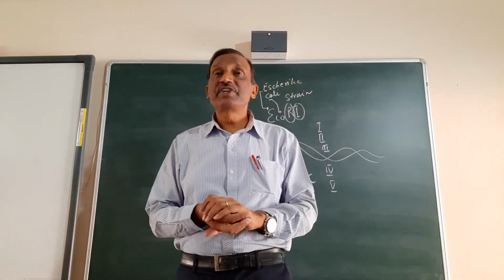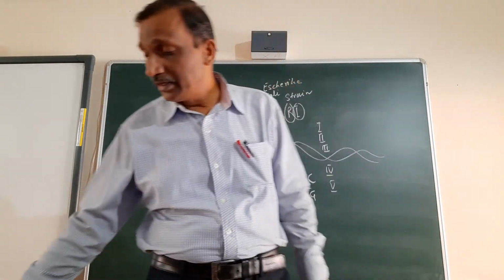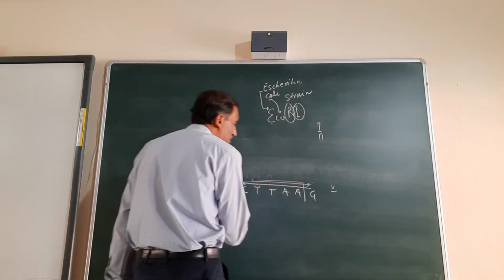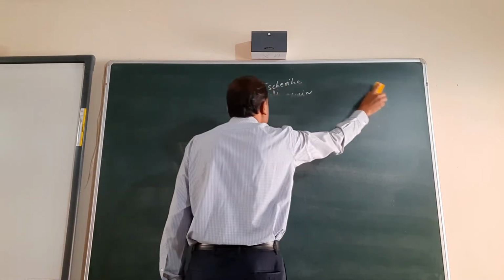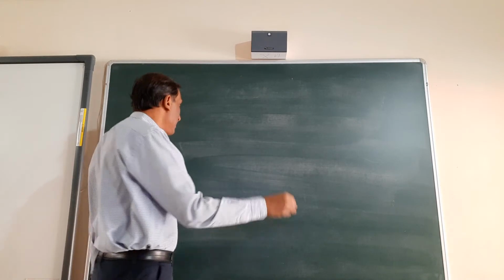Okay. Now restriction enzymes belong to the larger class of enzymes. So again, restriction enzymes are of two types. Which ones? First endonucleases and the second is exonucleases. Endonucleases I described so far.